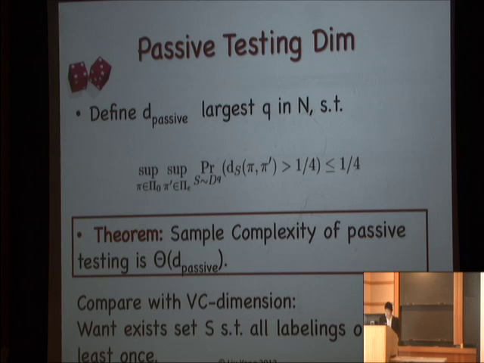Otherwise, it's not large enough. So we let D passive denote the largest Q for which the probability that the Bayes risk is small is not quite large enough. With a little additional reasoning to make this a matching definition of testing, we have this theorem that the sample complexity of passive testing is theta of D passive.